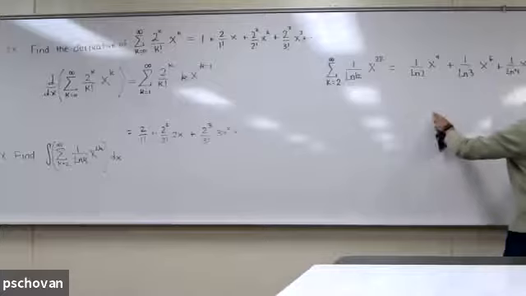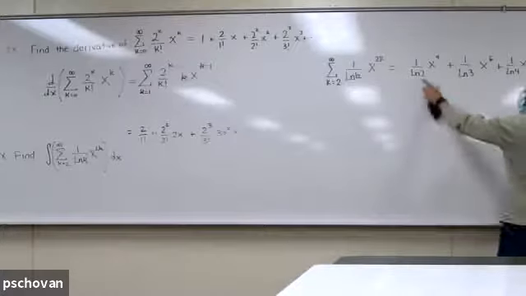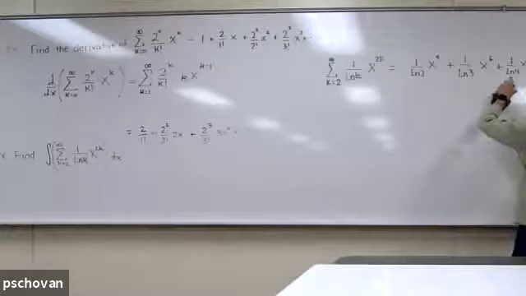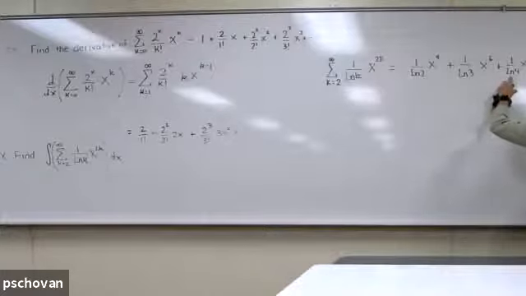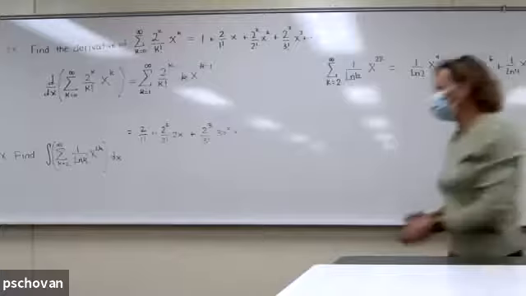Let's go one more. 1 over the natural log of 5, x to the 10th. That's what that means.